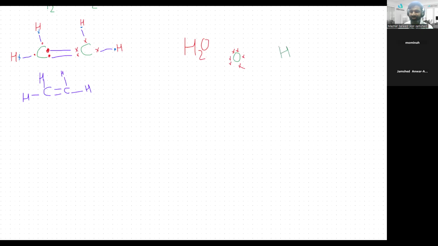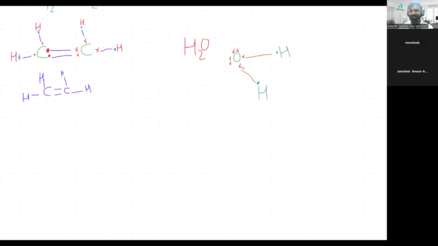You know there is 1 electron in the valence shell of a hydrogen atom. Then you put a cross here, and then you represent the other electron with a dot. Then there is mutual sharing of electrons: this electron is shared with this electron.